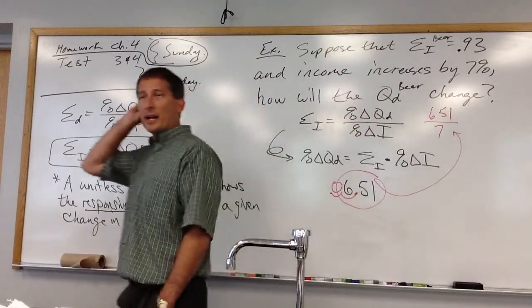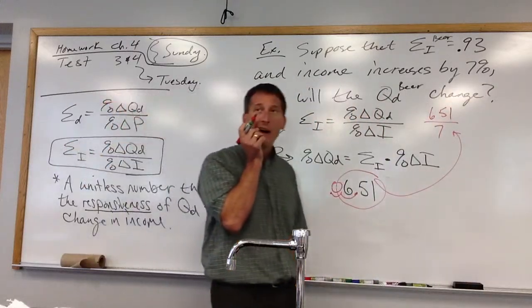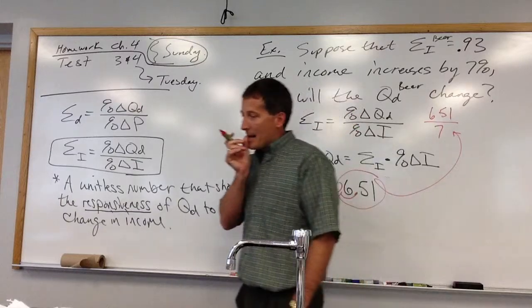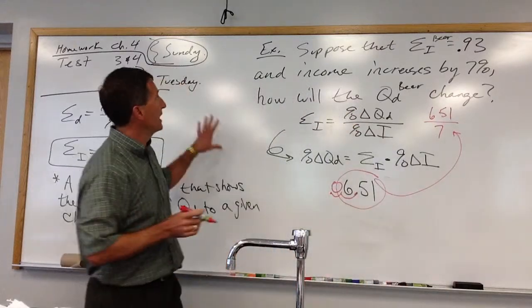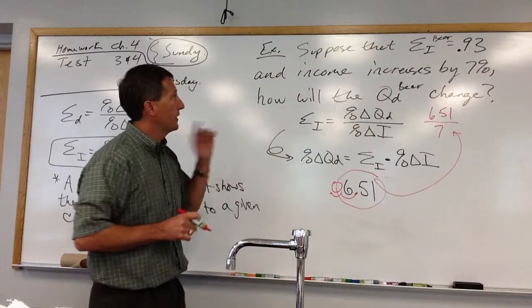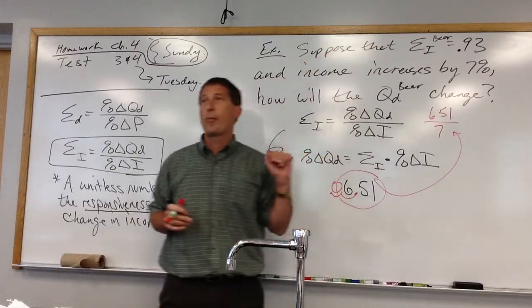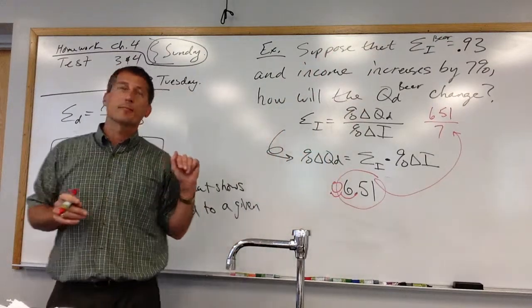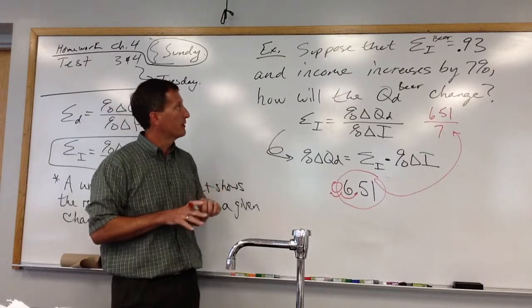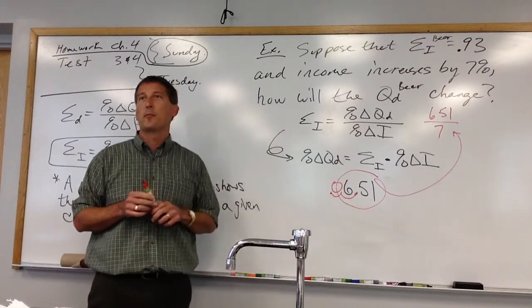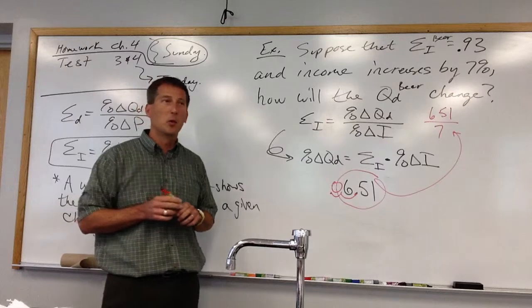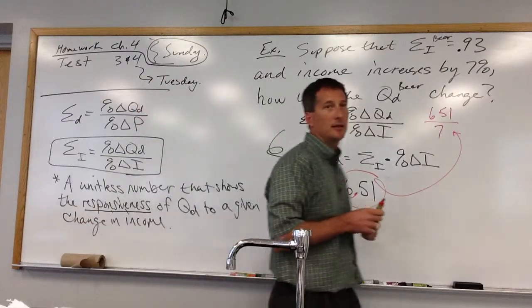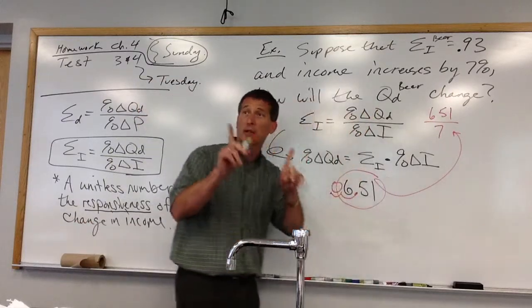Okay, any questions there? All right, so is beer a normal good or inferior good in this problem? Normal. Why? Because the demand increases. The two work together.